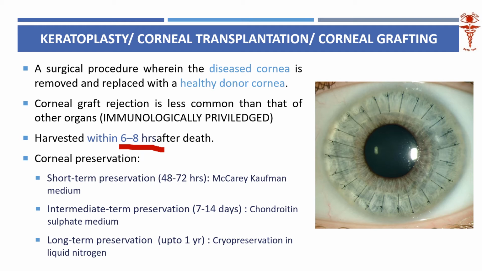In the eye bank, they will evaluate the cornea, see whether it is healthy, whether it is not infected, whether it has a good endothelial count. All these factors they'll check, and then they'll decide whether they have a patient to immediately do keratoplasty. If that is well and good.